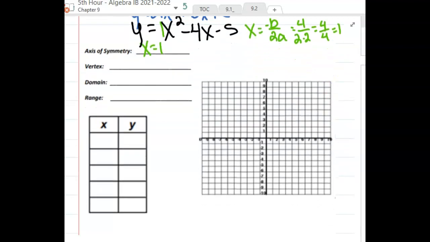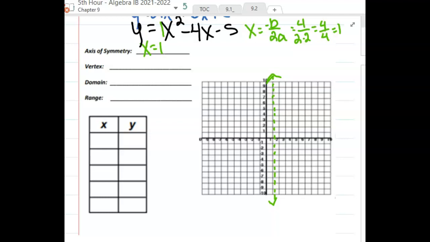Now, what I really encourage you to do, go ahead and draw your axis of symmetry, just like we did yesterday. Draw it as a dotted line. Okay, remember, I now know my parabola is right here, but I don't know if my parabola is up here at the top or down here at the bottom.